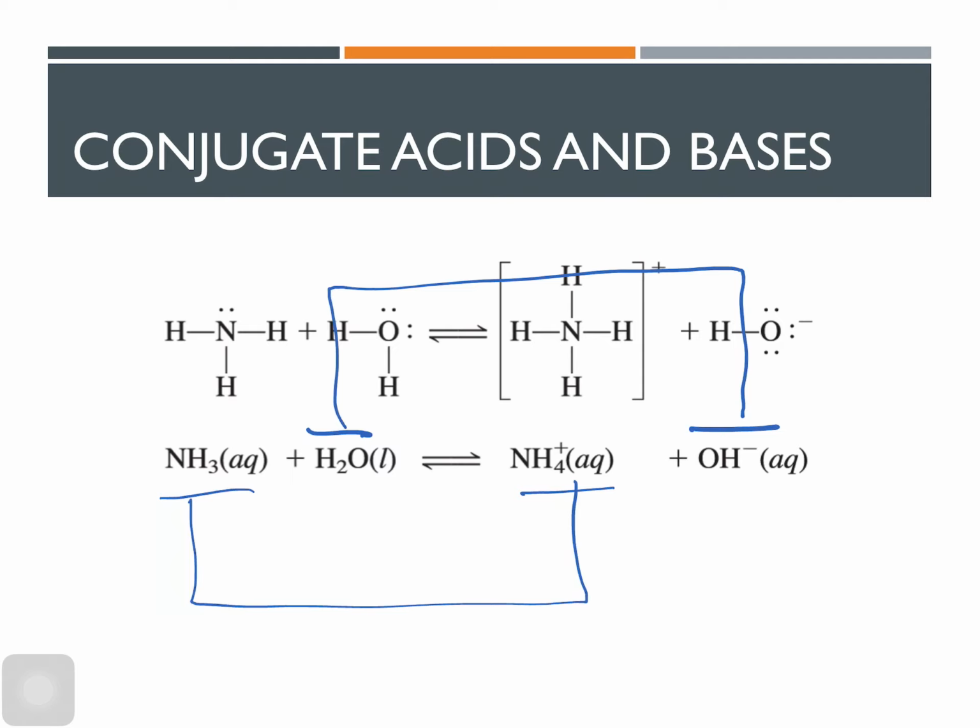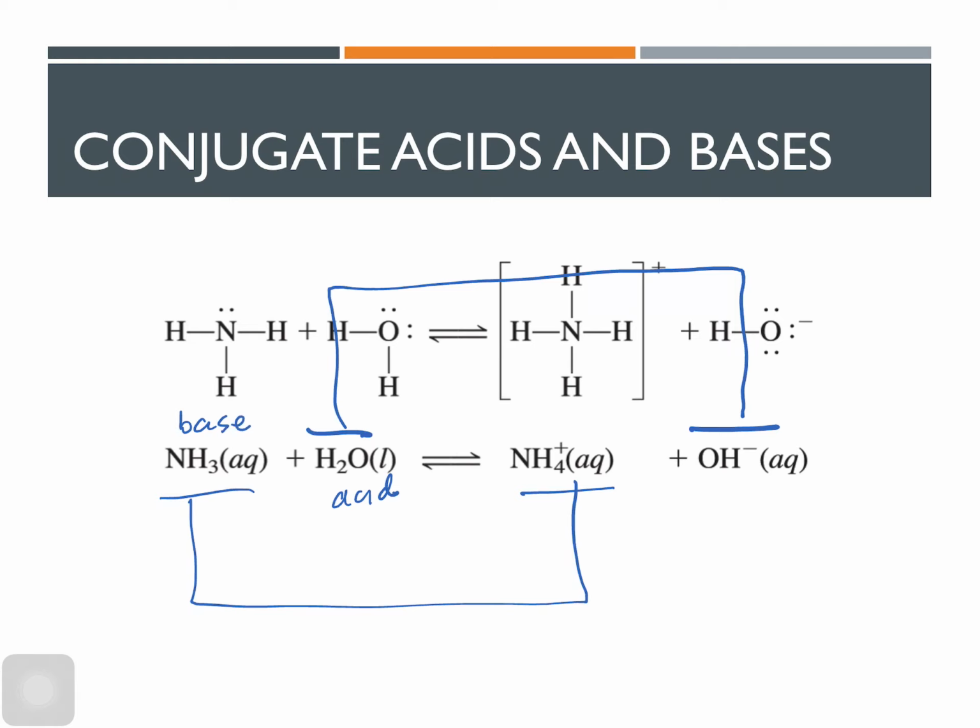Hydrogen from water is being transferred to ammonia, because H2O on the reactant side became OH only. So that means water lost its hydrogen to ammonia. Since water donated a proton, this is our acid. Ammonia accepted that proton, which means ammonia is a base.